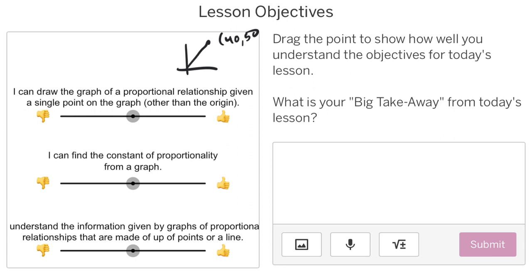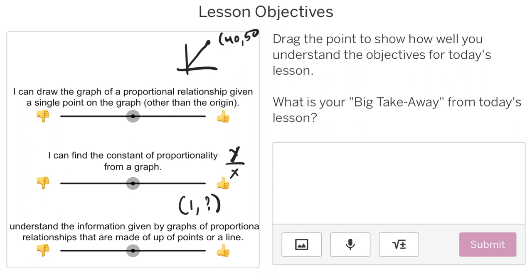Can you find the constant of proportionality? That's just taking our y over x and finding out what the y value is when x is 1. Then, can you understand information given by graphs of a proportional relationship that are made up of points on a line? Can you see what all the different points on the line are?